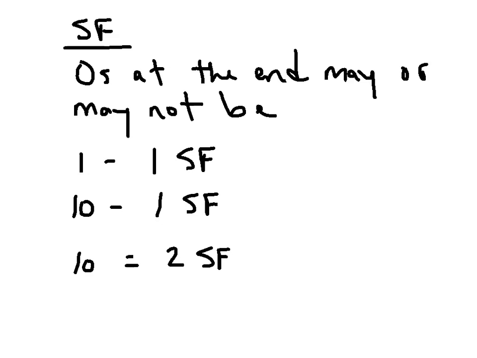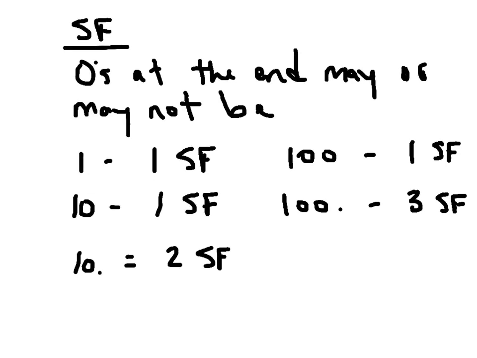And just to do a couple more examples for you, 100 has only 1 sig fig, but 100 point has 3 sig figs. So the presence of a decimal will make that last 0 a significant figure.